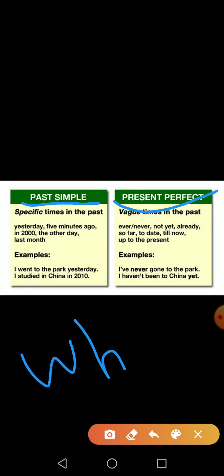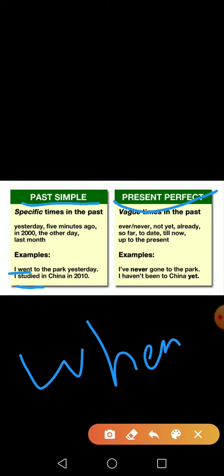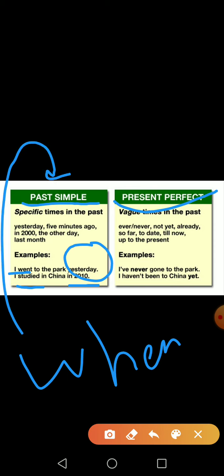Okay? So again, the verb is went, the verb is studied. The question to be raised is when did the action happen? The first one, yesterday; the second, in 2010. If I answered the question when, that means I use the past simple.